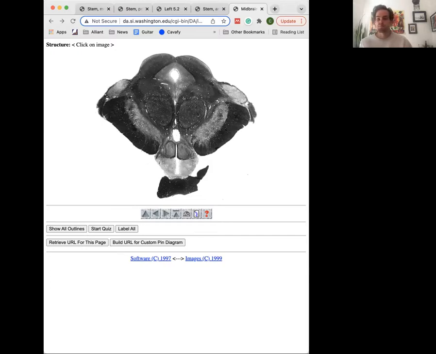So again, involved in movement and behavior, very brain stem-like structure. And then the red nucleus and the substantia nigra are the last things we're going to talk about. These are important components of the motor system as well.